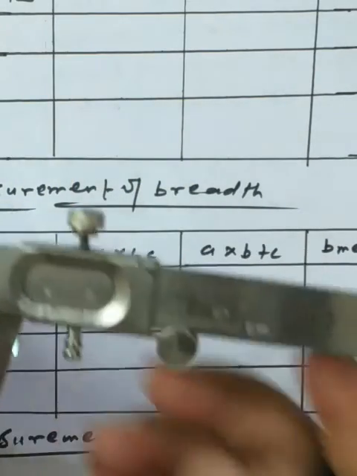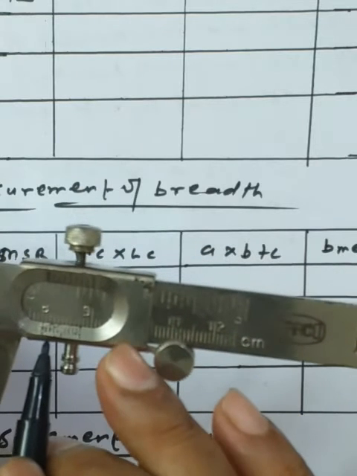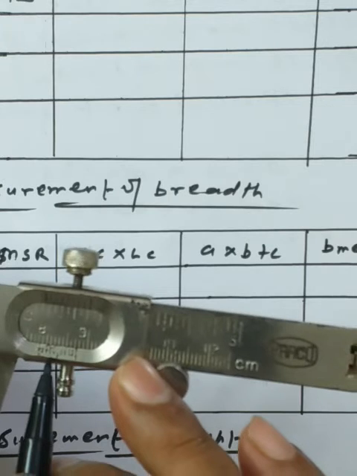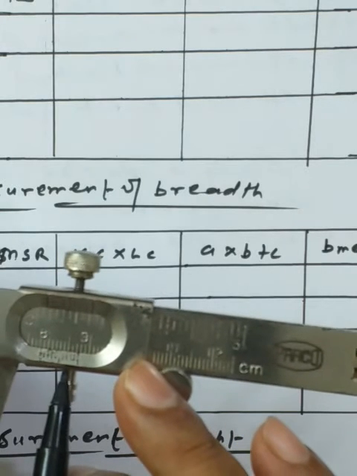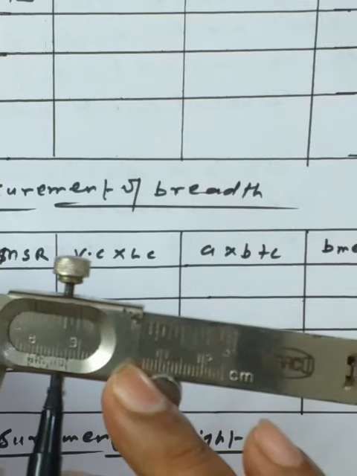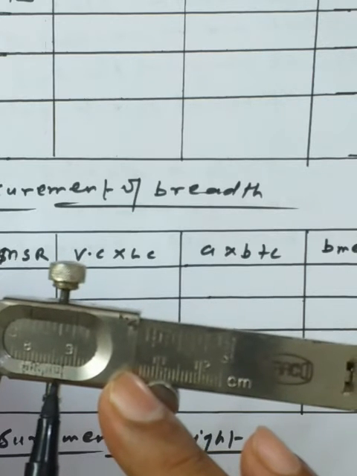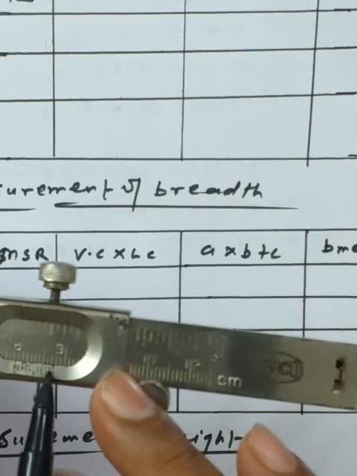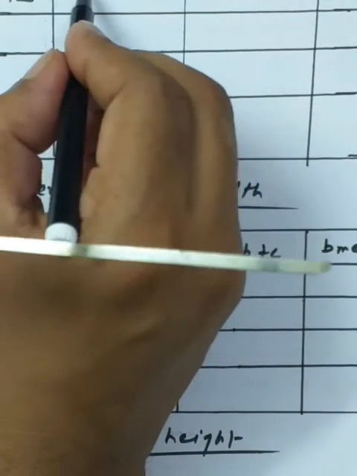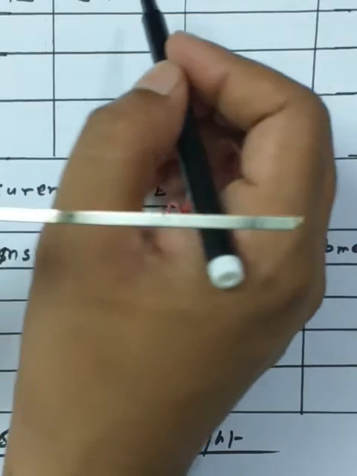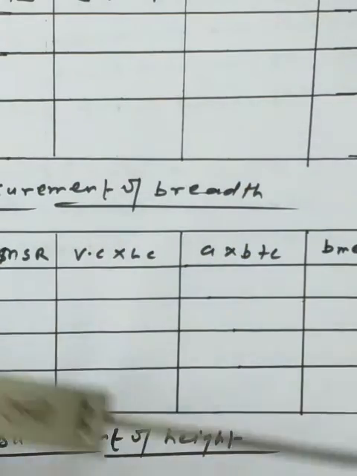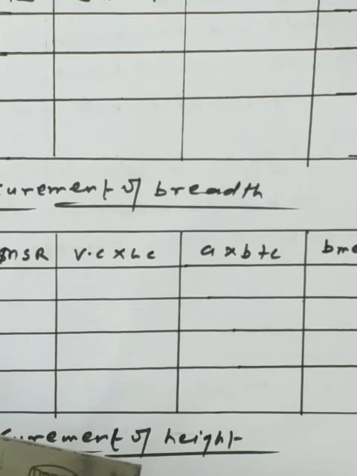The vernier constant is the line, among 1 to 10 on the vernier scale, which coincides with a line on the main scale. Here I take the ninth line, which matches on the main scale, so the vernier constant reading is 9, and the least count is 0.01 centimeter.